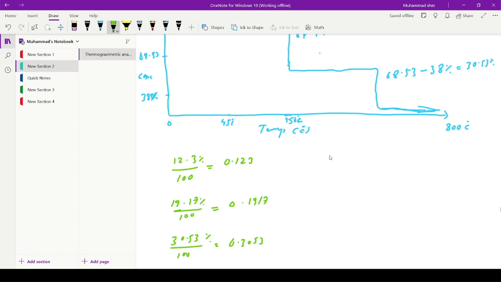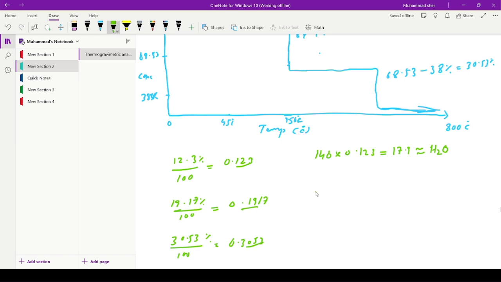In order to find the molecular weight of the substance that has been lost at each curve, we need to know the molecular weight of our compound under investigation. The molecular weight of calcium oxalate monohydrate is 146. Now we multiply each of these numbers by 146. 146 multiplied by 0.123 is about 17.9, which is approximately the molecular weight of water.